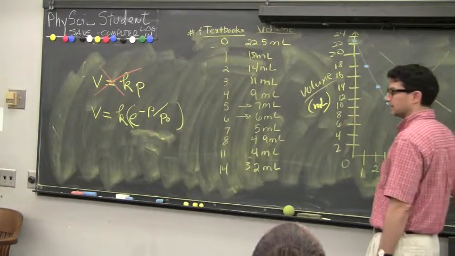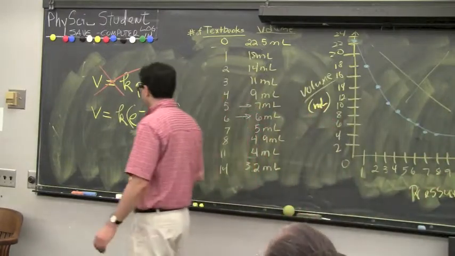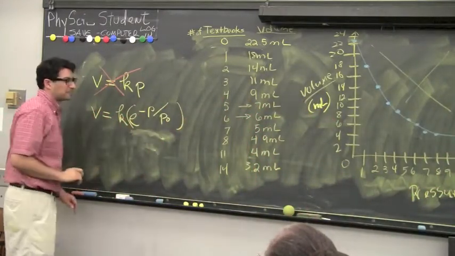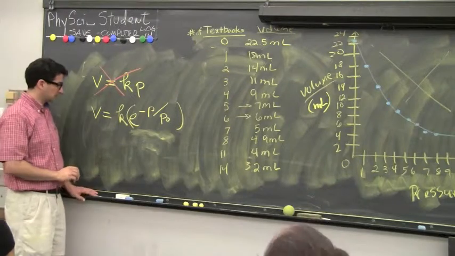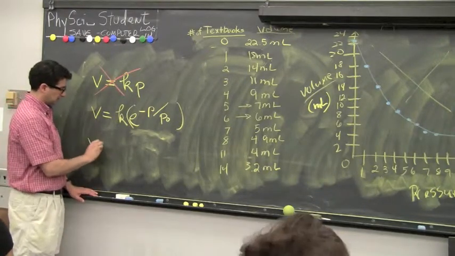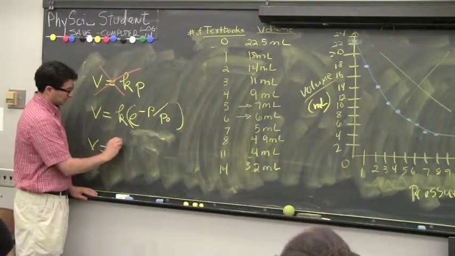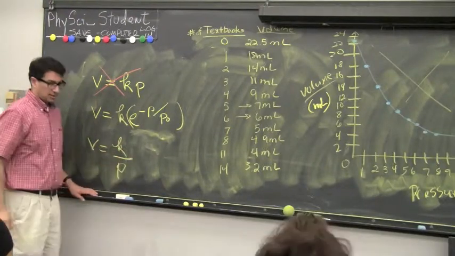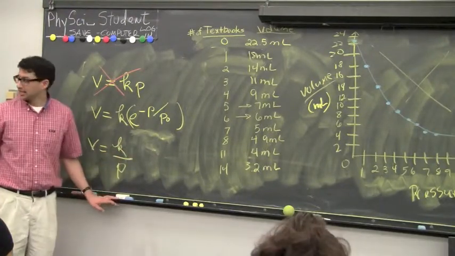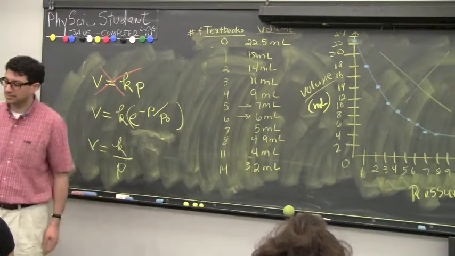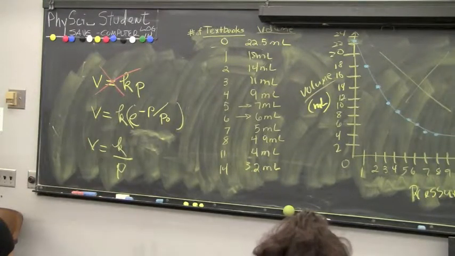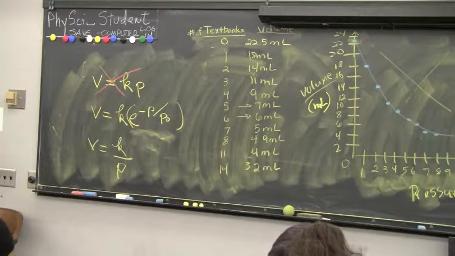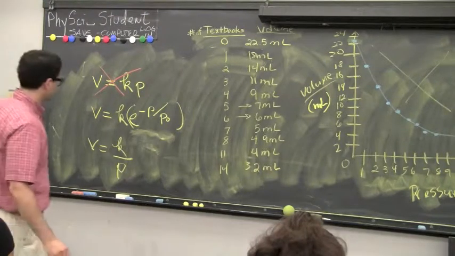It's actually on the sheet that I gave you, which is, let's try V equals some constant divided by P. Try plotting one over volume instead.